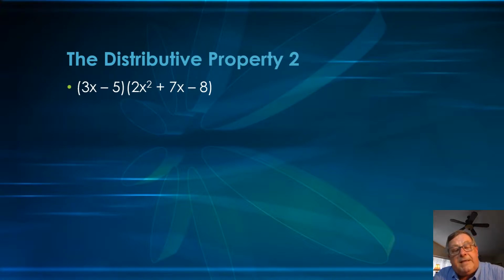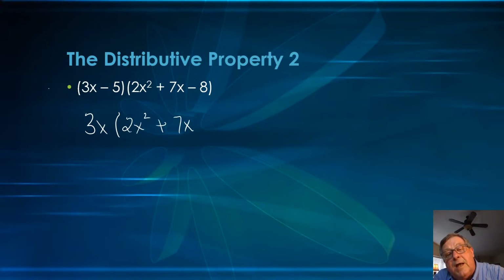So if I'm going to rewrite this in distributive form using the distributive property, I could say that we've got 3x times 2x squared plus 7x minus 8, and then we've also got negative 5.